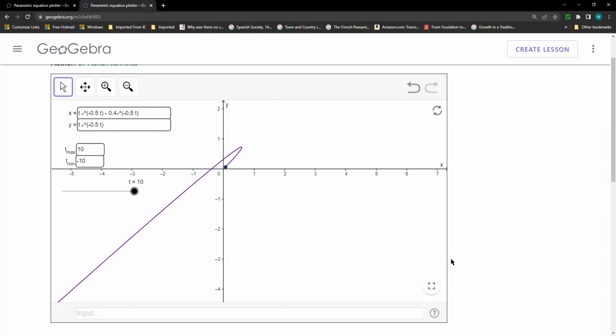So it kind of starts off going this way and then curls around. And so we can go ahead and put that on our picture. So it starts off going kind of along the curve here and then curls around.